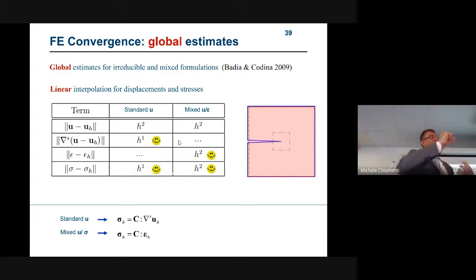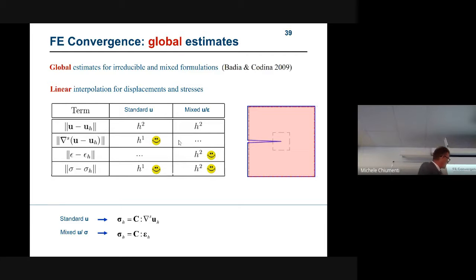How fast is this convergence? If you reduce the size of the element by half, how accurate is the new solution? So, lesson 1, finite elements. At global level, global meaning the full structure, the displacements converge with the square of the edge size, H squared. We are talking about linear elements. The strains converge order H to the 1, so linearly.